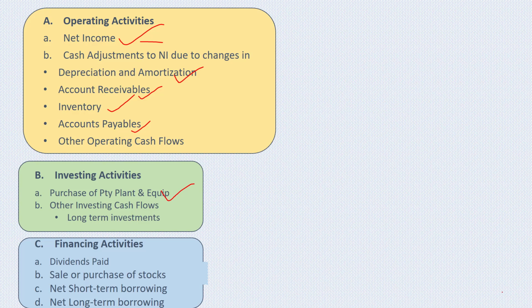It includes cash adjustments for dividends paid, sale and purchase of stock, net short-term borrowing, and net long-term borrowing. All these activities involve cash inflow and outflow, and they are recorded under the appropriate headings.